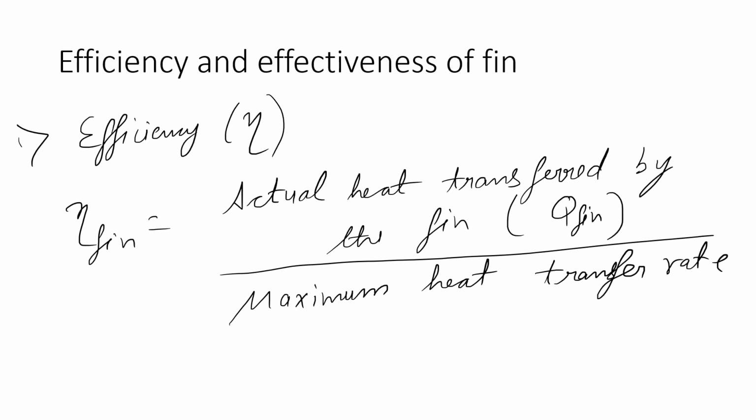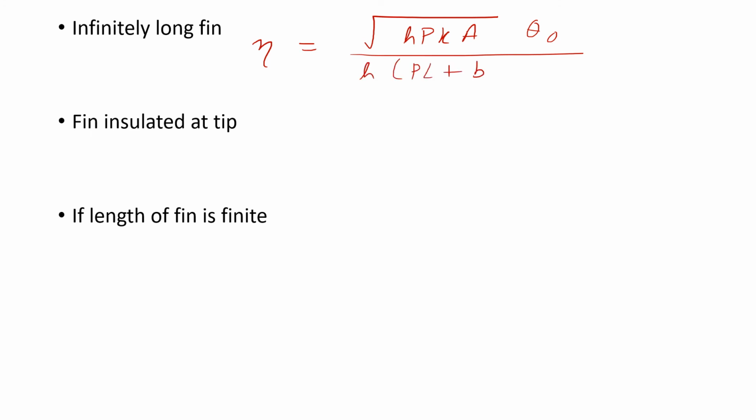Now again, three cases come. For these three cases, we have to find out the efficiency of the fin. So if the fin is infinitely long, then we can find efficiency by using the formula. This is our case one, for which we have found the heat equation, and this is our maximum heat transfer rate.